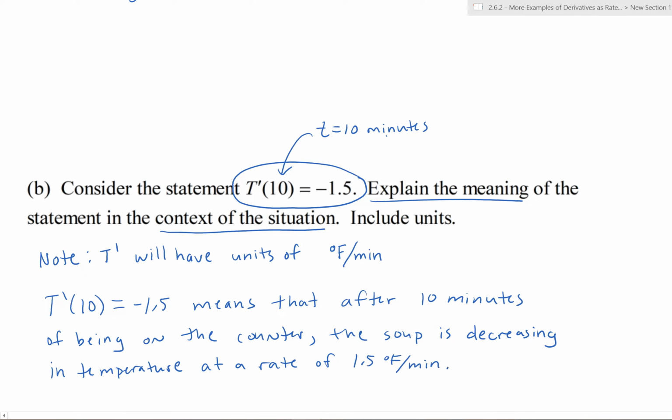Notice in that statement, because I wrote the word decreasing at a rate of 1.5 degrees Fahrenheit per minute, I didn't put the negative there because I already wrote that it's decreasing. If I were to say it's decreasing at a negative rate, that means something different. So in the end, this statement means that after 10 minutes has passed since putting the bowl of soup on the counter, the soup temperature is decreasing at an instantaneous rate of 1.5 degrees Fahrenheit per minute at that instant in time.